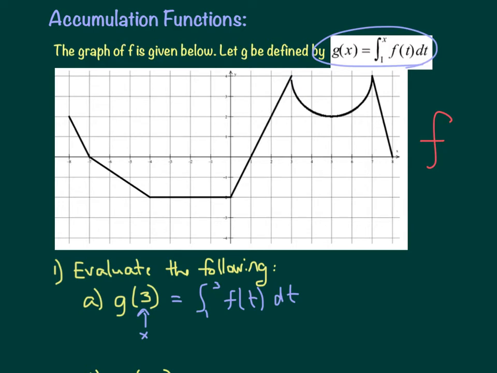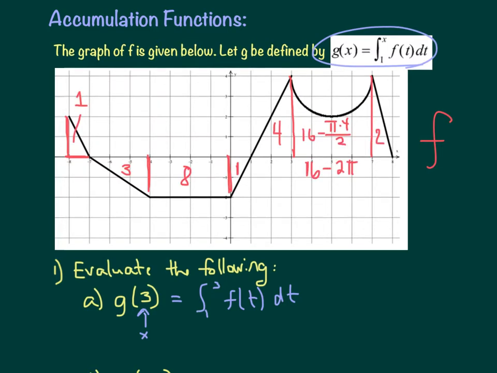I'm going to break this up into a triangle here, a rectangle there, a little triangle. We have a triangle here and a triangle here, and in the middle you have a rectangle with a semicircle cut out. So I'm going to ask you to pause the video right now and find the area of all of those, and then come back and see if we agree. And then we'll go from there and answer these questions.